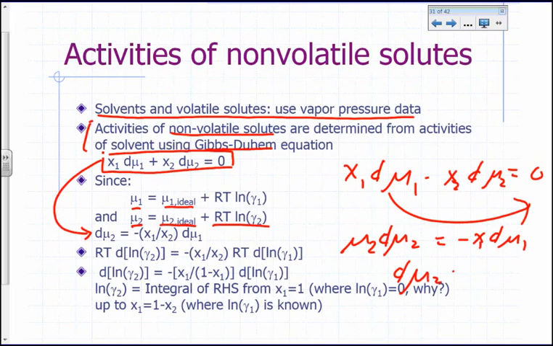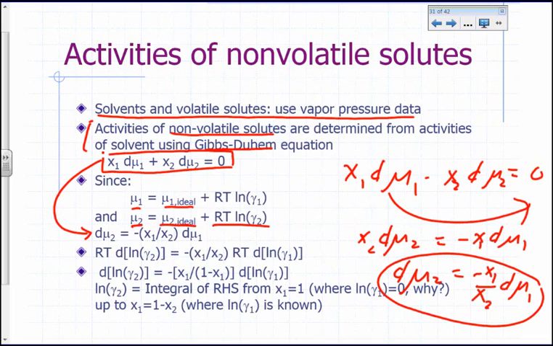So d mu 2 would be negative x1 over x2 times d mu 1. What this means is that if d mu 1 is positive, then d mu 2 is going to be negative. If the chemical potential of component 1 goes up, the chemical potential of component 2 must go down. And the relationship depends on the mole fractions of components 1 and 2.